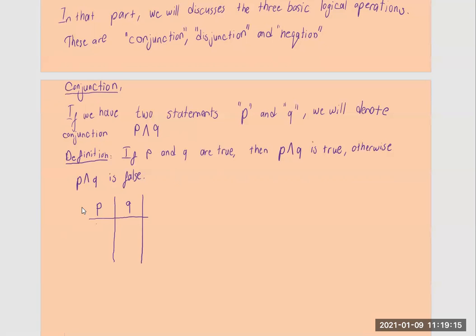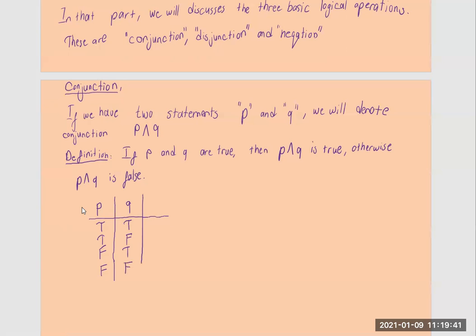How many combinations for true and false? There is going to be 2 to the power 2, it's going to be 4. So here is going to be true and true, true and false, false and true, and the last one false and false.